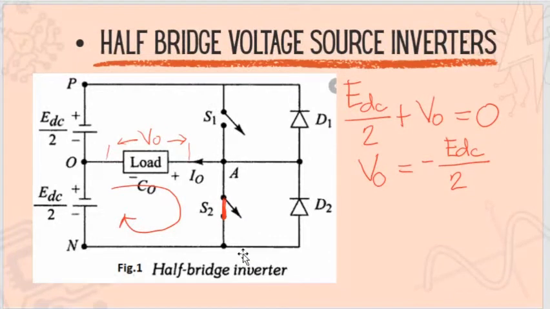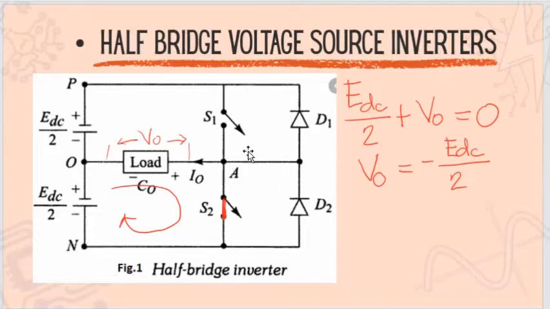Because it is impossible for us to switch on and off this S1 and S2 manually, we can control these switches by using the PWM or the pulse width modulation.